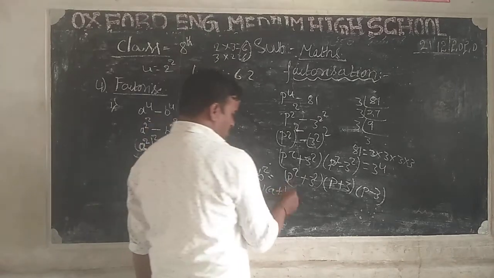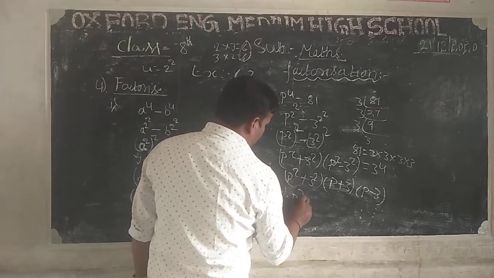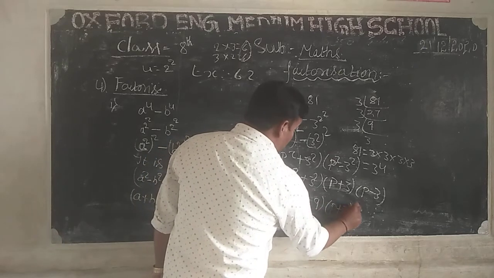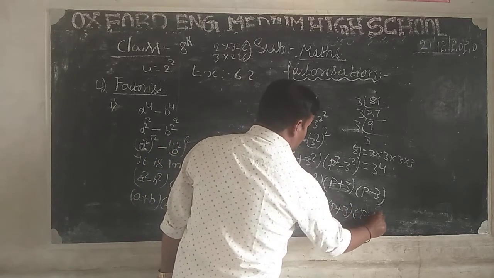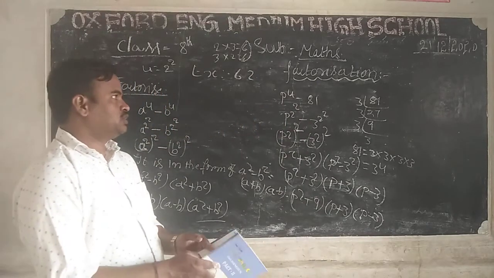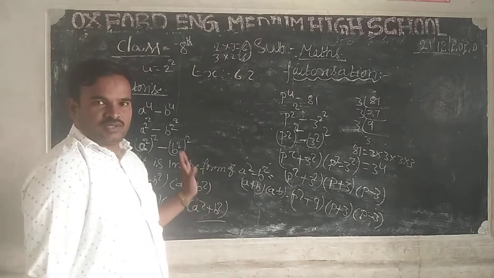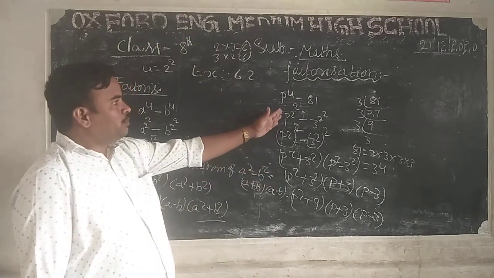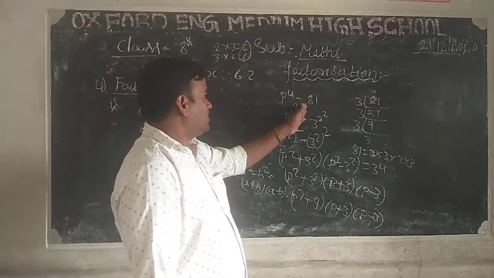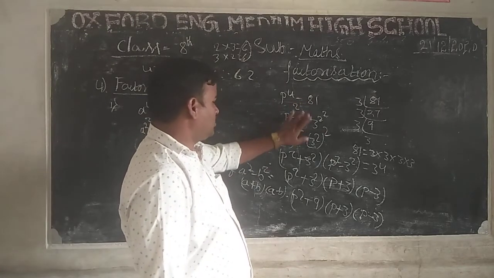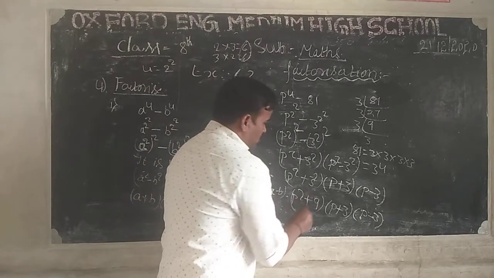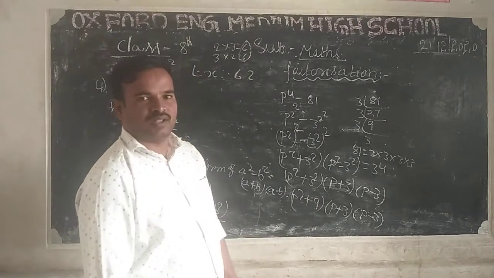Otherwise, you can rewrite p square plus 3 square as 9 into p plus 3 into p minus 3. I hope you understood all the sums. The factors of p to the power of 4 minus 81 are p square plus 9, p plus 3 and p minus 3.